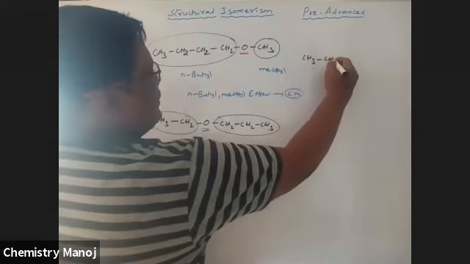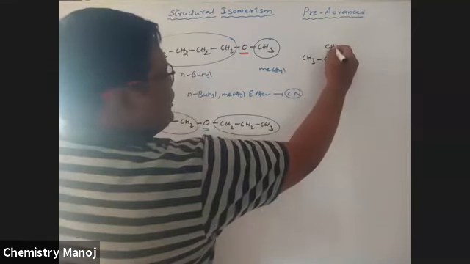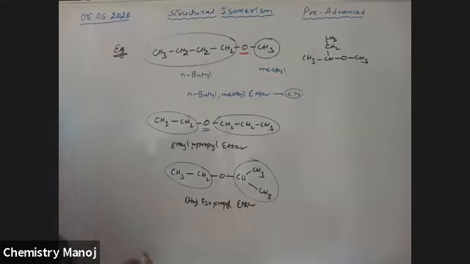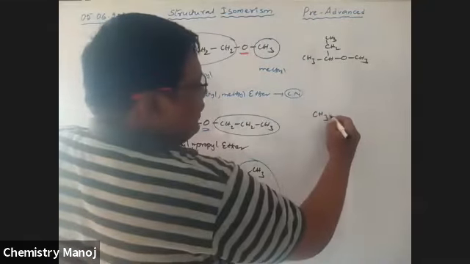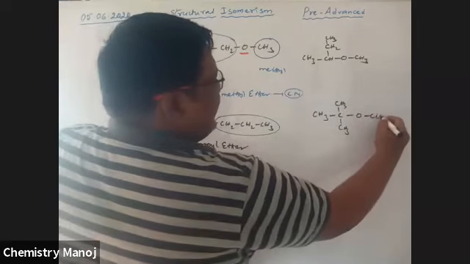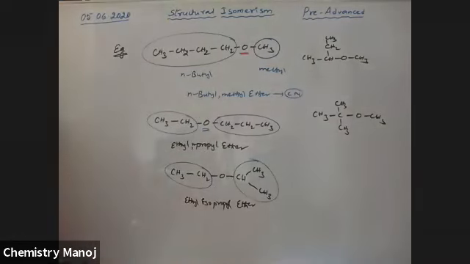Next, once again, I am writing this one: CH3CHCH2CH3OCH3. Next, one more: CH3C(CH3)(CH3)OCH3. One more. Okay, see all these compounds.